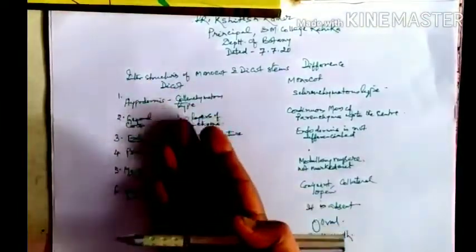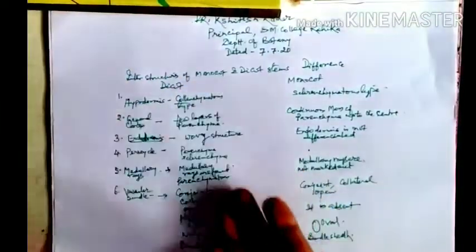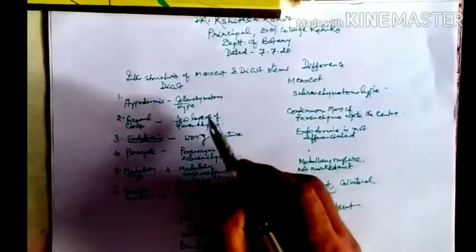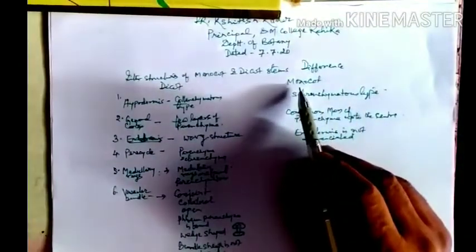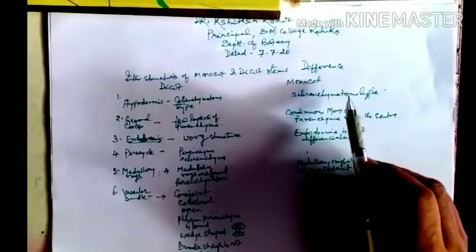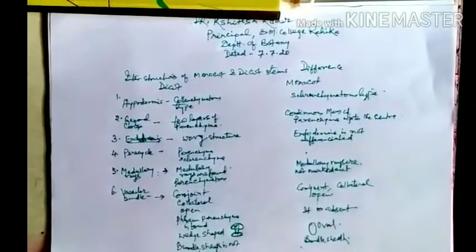In the first column you write the character of dicot stem, in the second column the character of monocot stem. So this is the difference between the two. Next we have to study the internal structures of the roots of dicot and monocot.